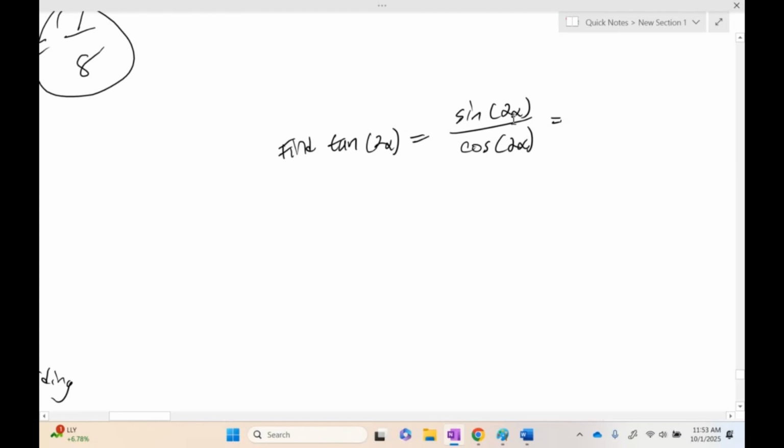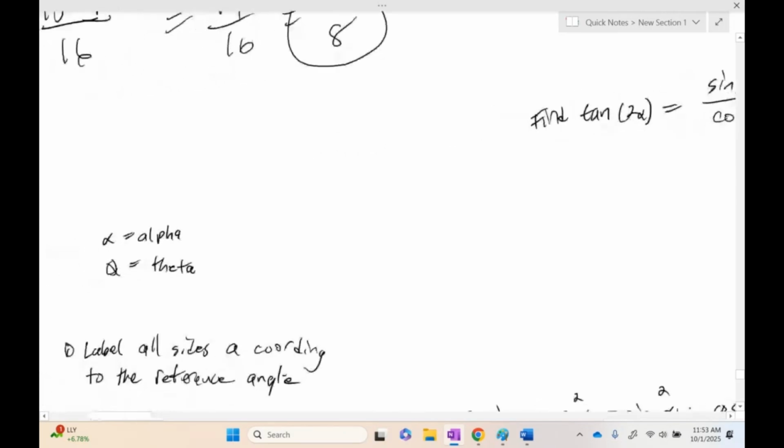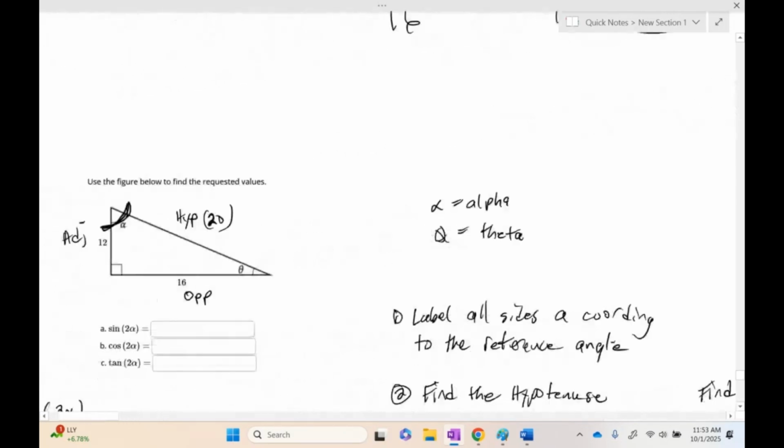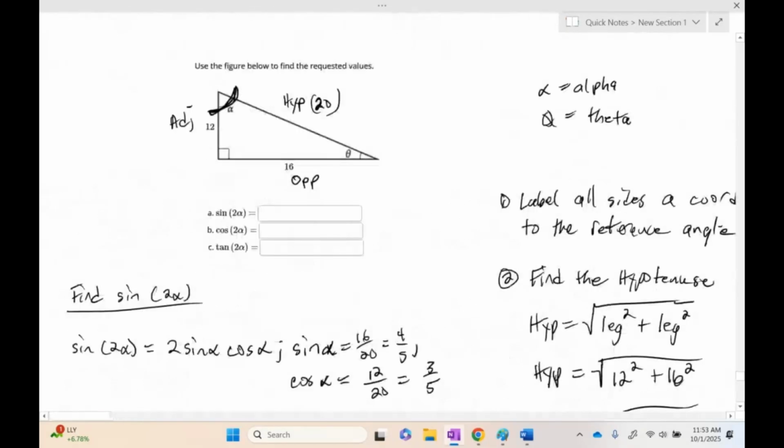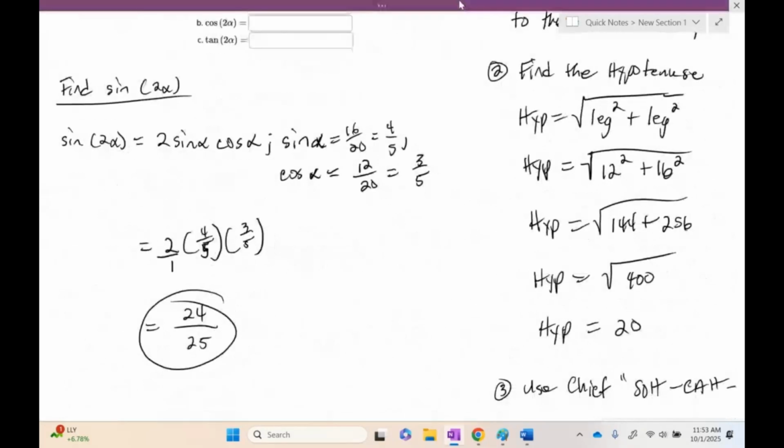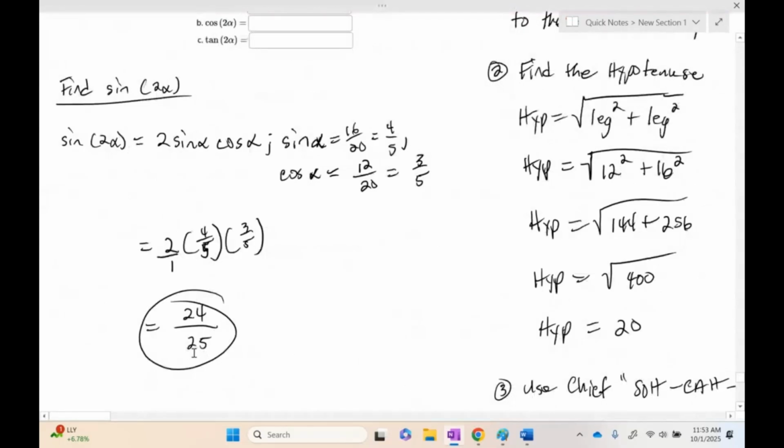So we found the double angle for the sine of alpha was 24 over 25.